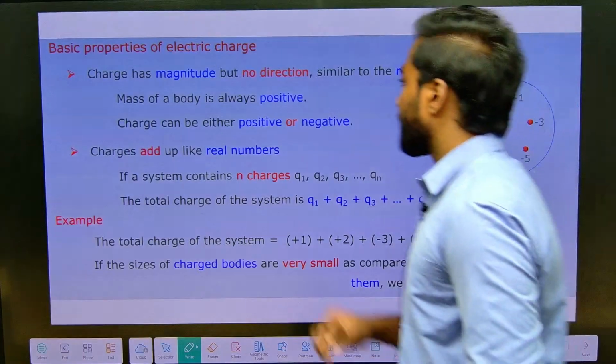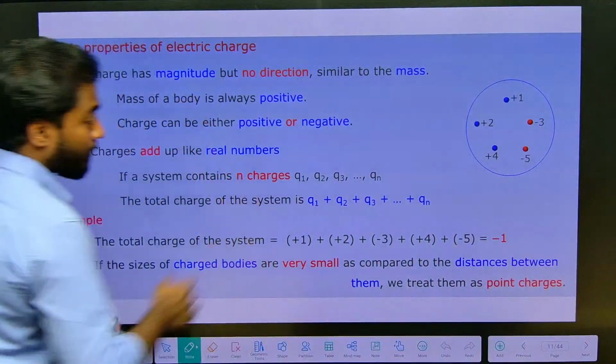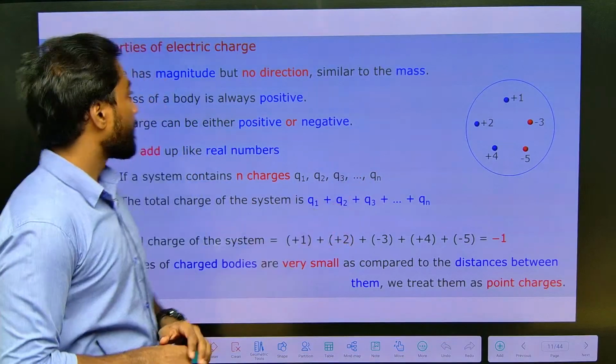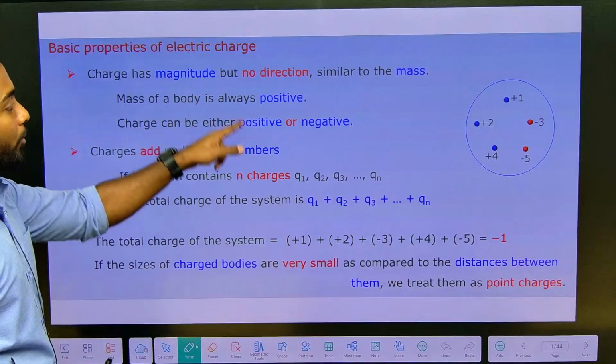So, the basic properties of charges. These are important when we come across theory questions in EAPCET. Charge has magnitude but no direction.